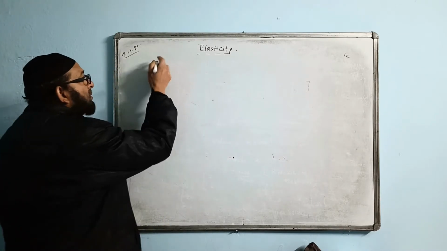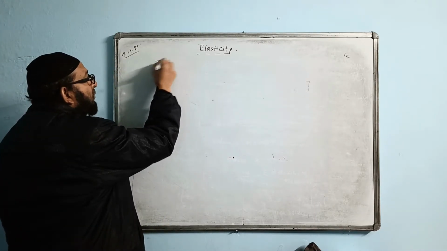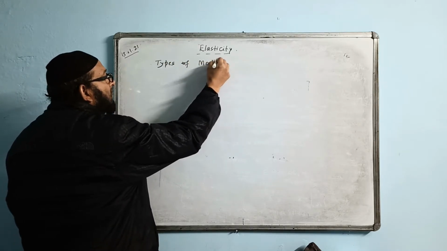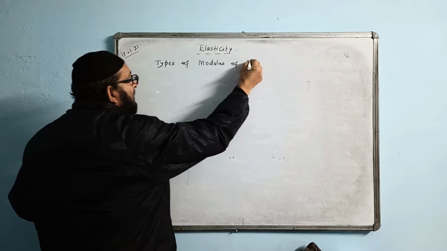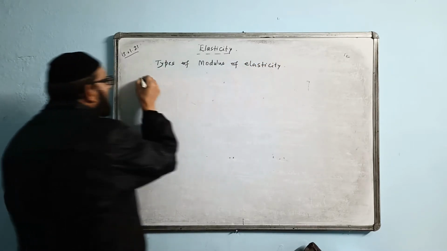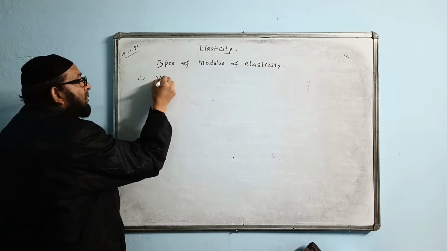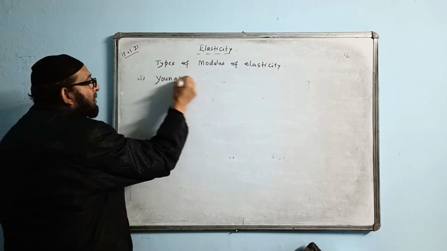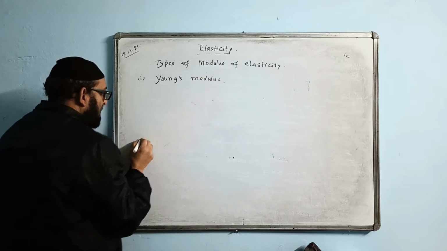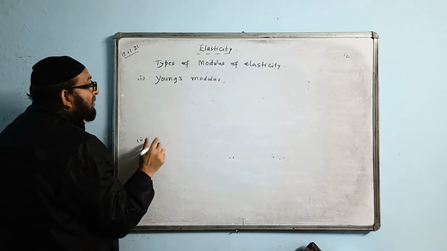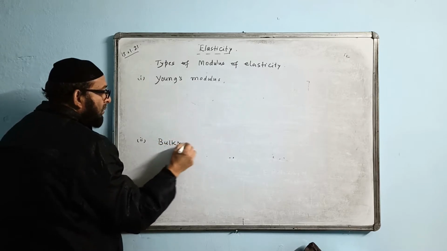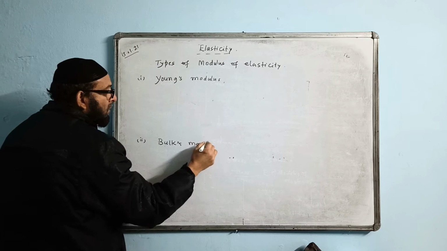Now, there are three types of modulus of elasticity. First one is called Young's modulus. Second one is called bulk modulus.